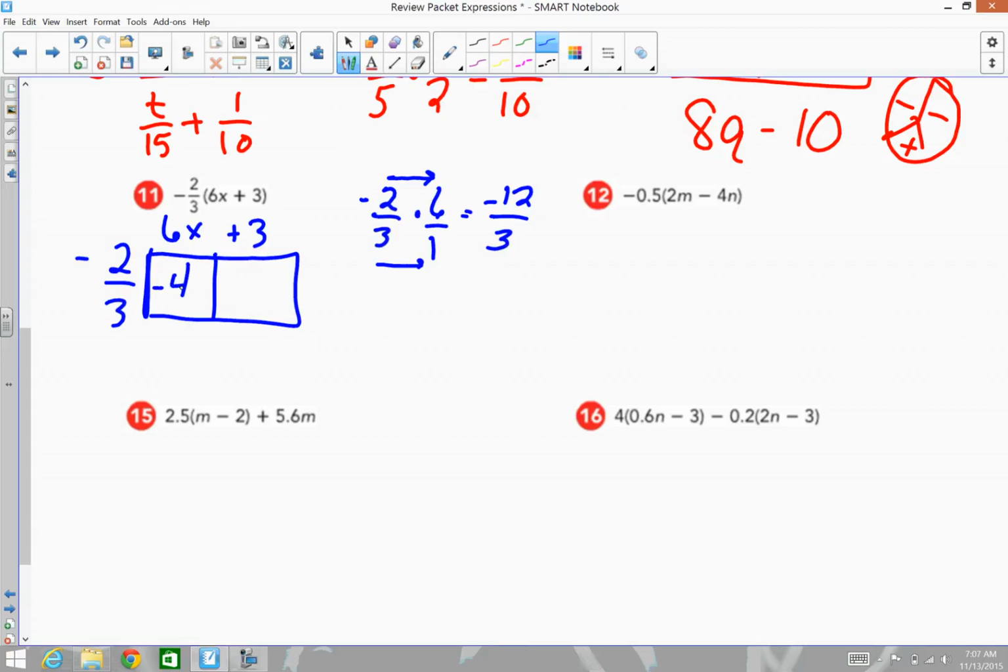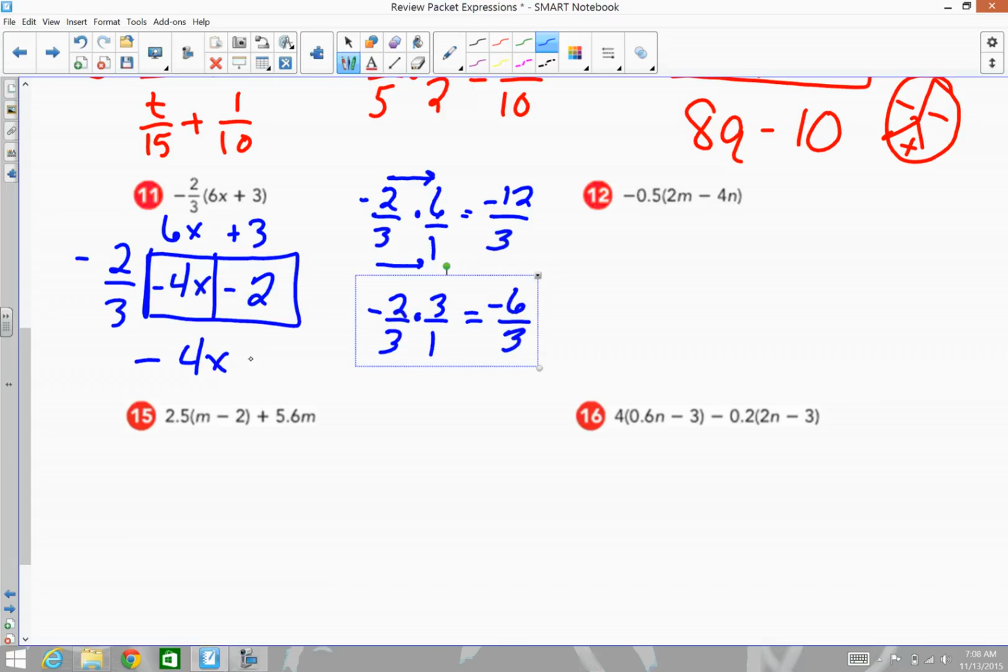So this is negative 4x. And then we have negative 2/3 times 3 over 1. Okay, negative 2 times 3 is negative 6. 3 times 1 is 3. 6 divided by 3 is 2, and it's going to be negative. So negative 4x minus 2.